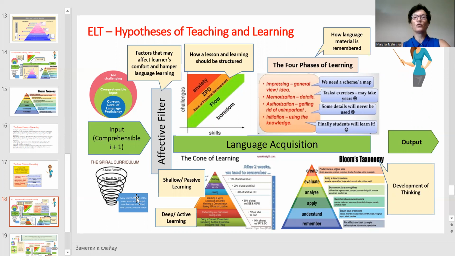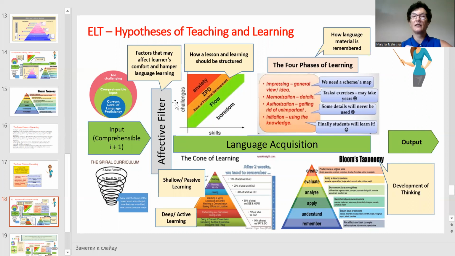We don't give all knowledge at once. We try not to give lots of grammar rules, because our students won't remember them. We don't give lots of words at once, because again, they won't remember it. But we understand that with years, they will be remembering more and more.